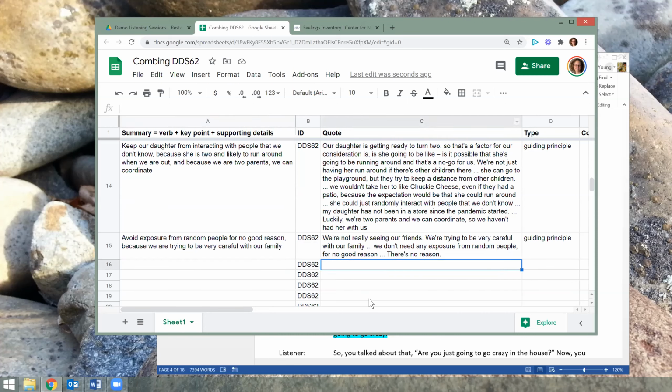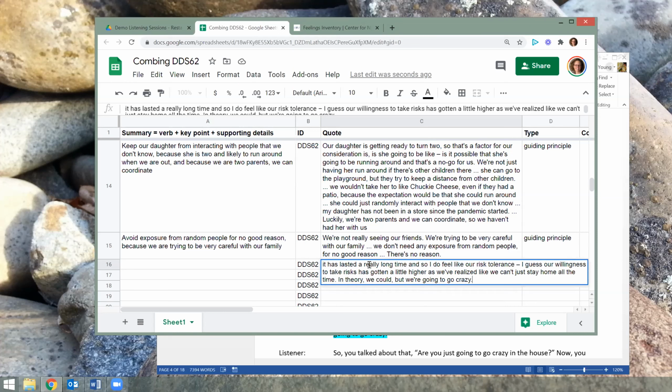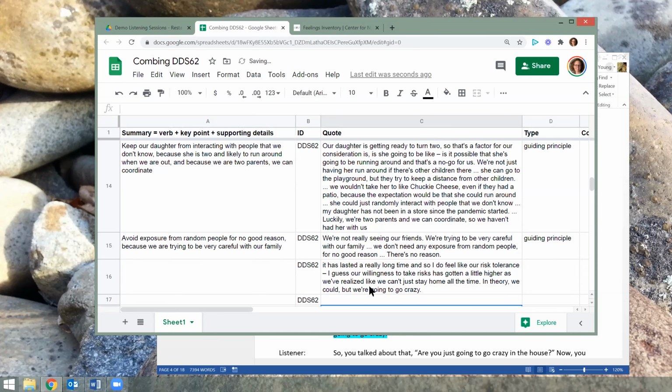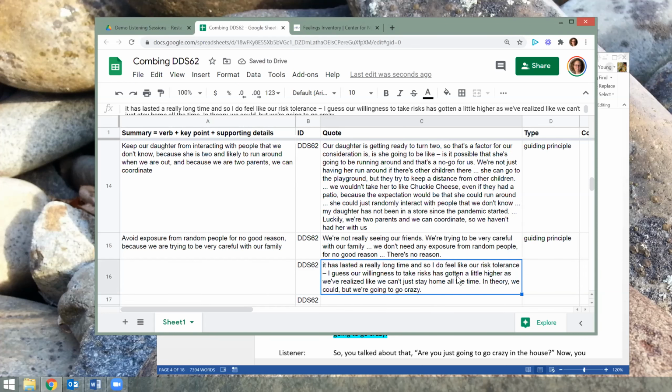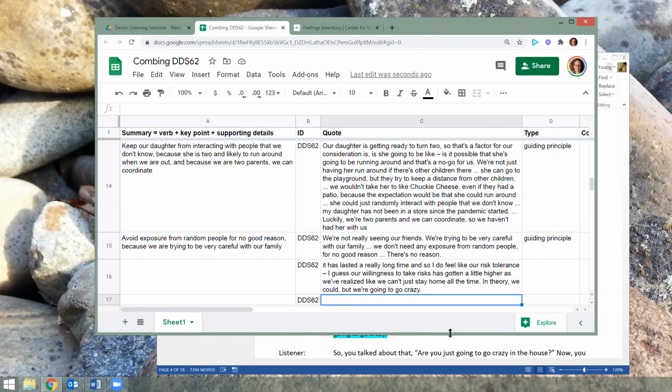So put it down here, because that one's just about like the restaurant. And this one is kind of a statement of fact that we're letting our risk tolerance, our willingness to take risk get higher to stave off the crazies.